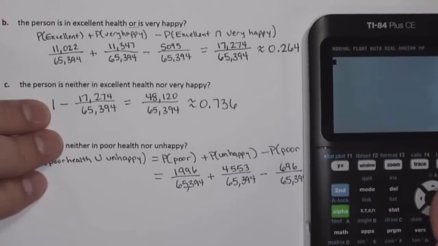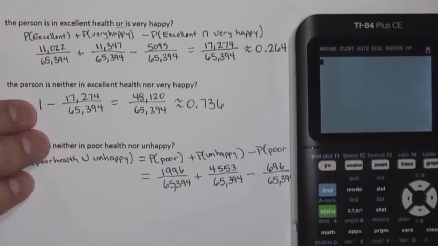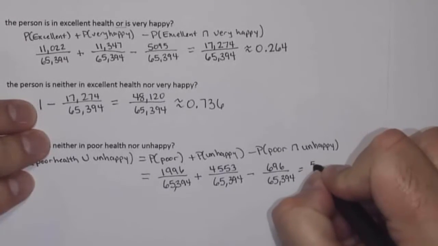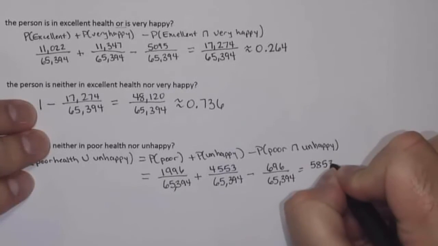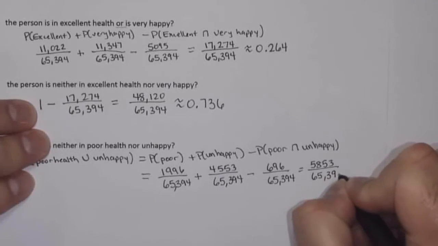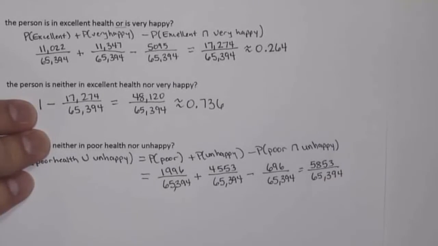So if I bring in my calculator, 1996 plus 4553 minus 696, that is 5,853. So this is 5,853 out of 65,394.